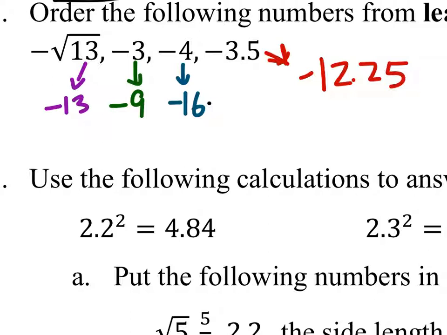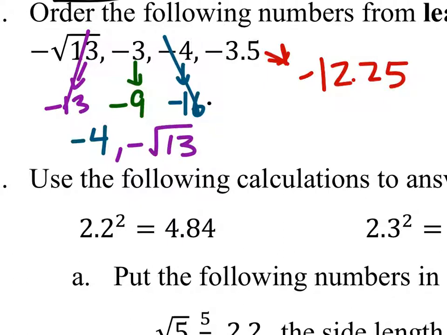The negatives here are going to make the bigger negatives the least. So we need to start with the biggest negative, which is negative 16, which came from negative 4. We can check that one off. The next smallest one is negative 13, which came from the negative square root of 13. So that's next on our list.